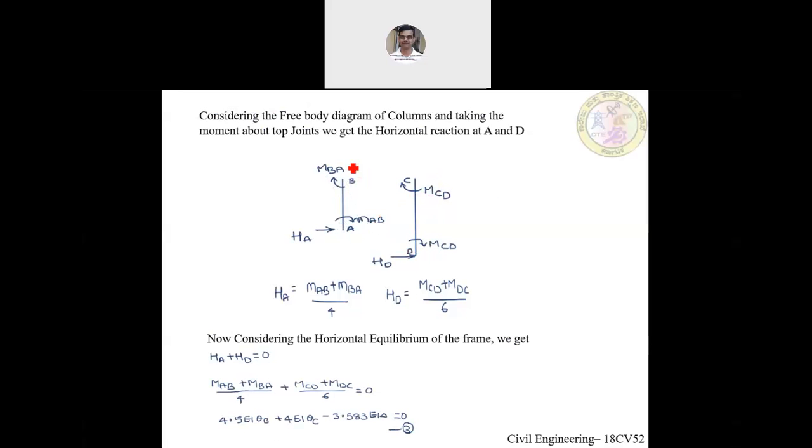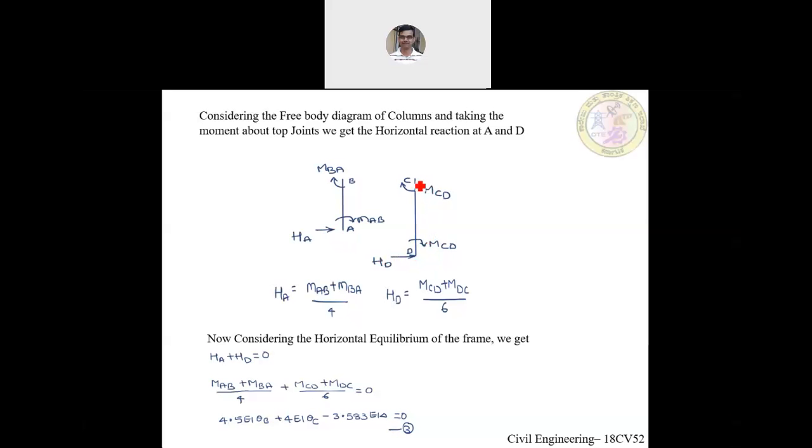You can see here, I've taken all the moments in the clockwise direction. And since joint A is fixed and joint D is also fixed, there will be a horizontal reaction acting at both the supports, and I will consider the direction to be positive.